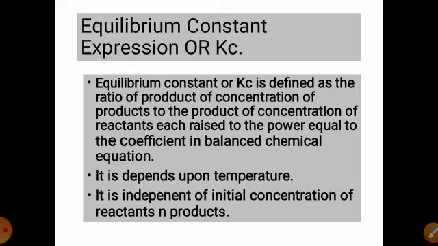We calculated Kc as product upon reactants, and it has powers, and those powers come from the coefficient numbers or the number of moles that we use to balance the chemical equation. Kc depends upon temperature, but it is independent of the initial concentration of reactants or products.